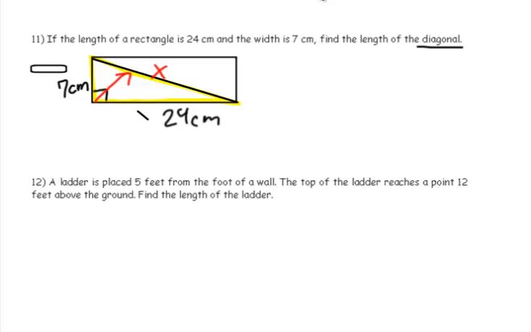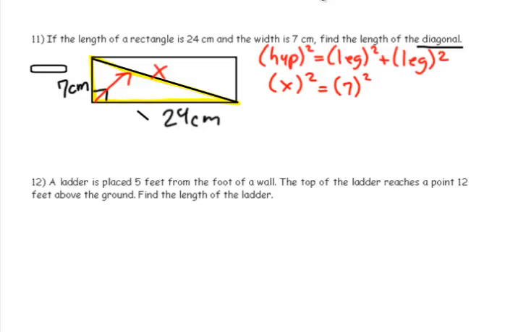So what do we know? The hypotenuse squared equals the sum of the squares of the legs. So in this instance, our hypotenuse is x, and our legs are 7 and 24.